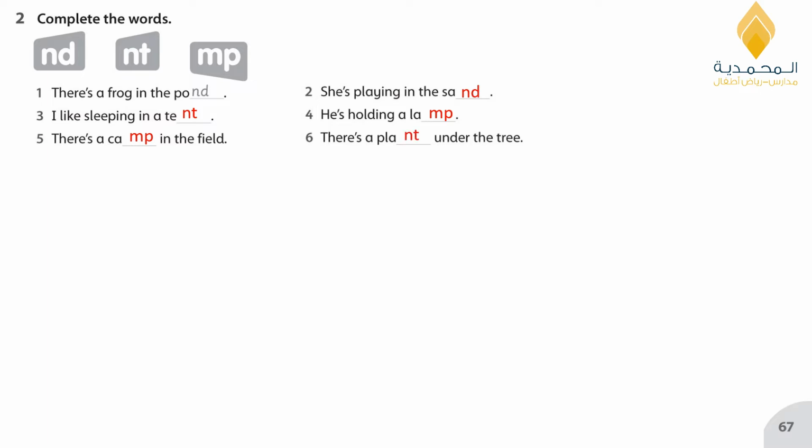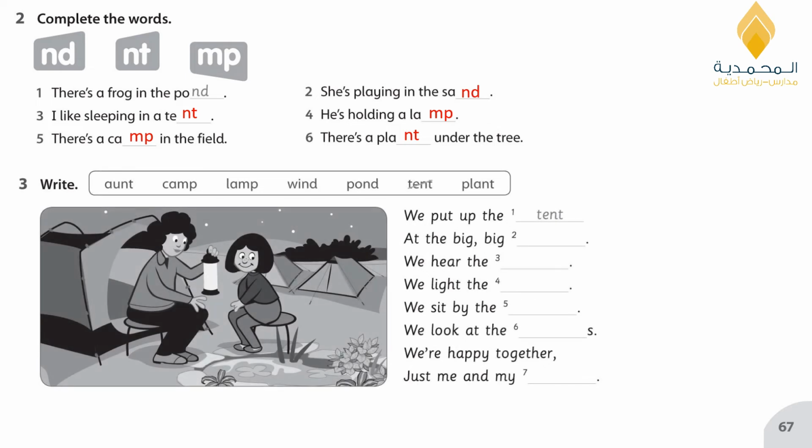Now let's move to exercise number 3. We have here some words. We're going to write them in the blanks. We put up the tent at the big camp. Excellent. We hear the wind.